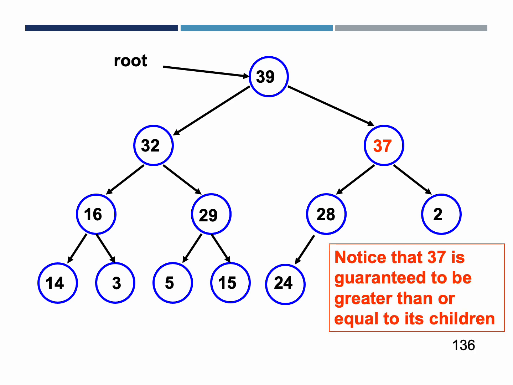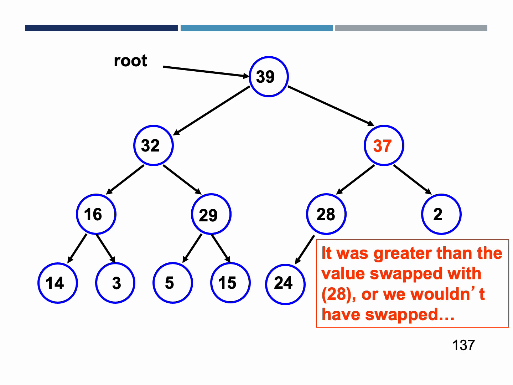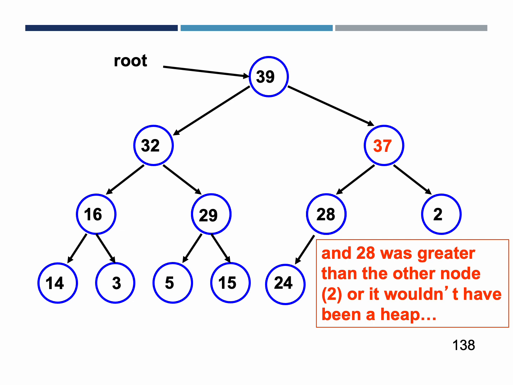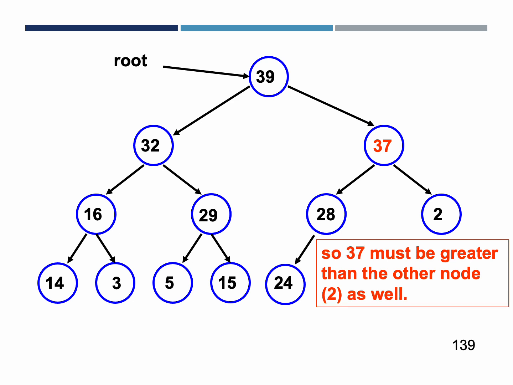Notice that 37 is guaranteed to be greater than or equal to its children, because we compared it first and then swapped. It was greater than the value swapped with 28, or we wouldn't have swapped, and 28 was greater than the other node, or it wouldn't have been a heap. So 37 must be greater than the other node as well.